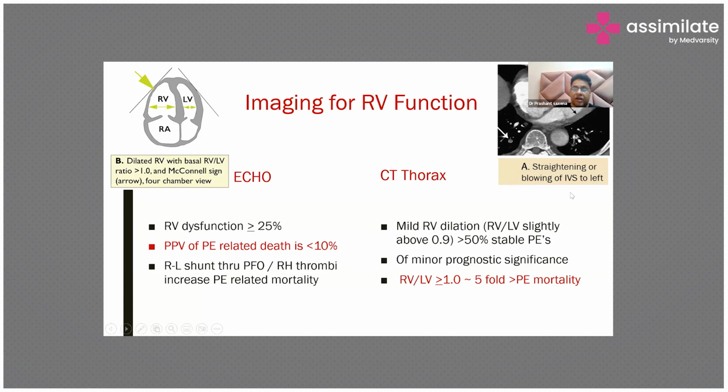Sometimes you can see straightening or bowing of the IVS, interventricular septum, to the left. So these are just guides. They are not diagnostic, but definitely you can assess the patient with bedside echo. CT thorax sometimes may not be possible in an unstable patient, but if the patient is presented to the ER and has blood pressure stability, you can do a CT.